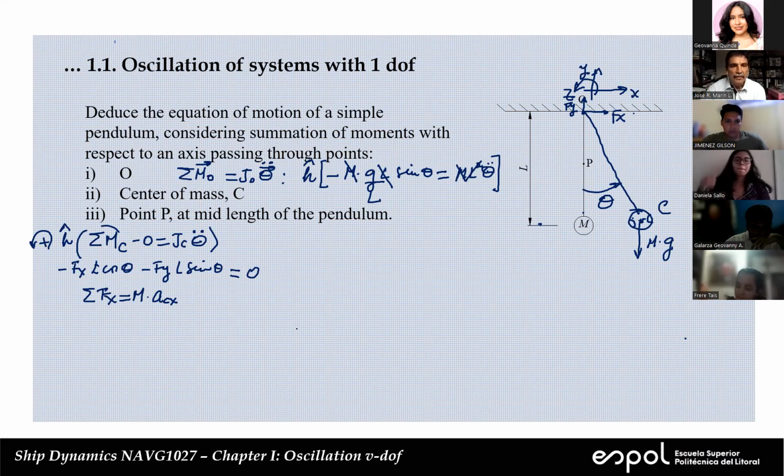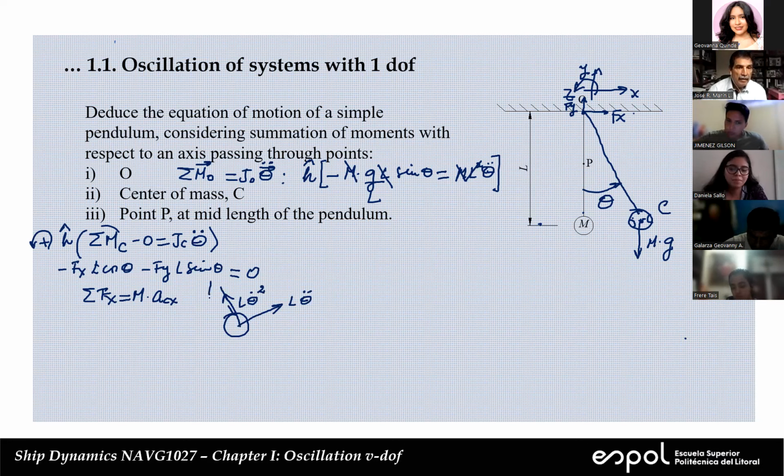In this case, we have to be careful because if this is the string and this is the mass, there are two accelerations here. One is this one here, the tangential, which is going to be L theta double dot. The other is the radial, which is going to be L theta dot squared.